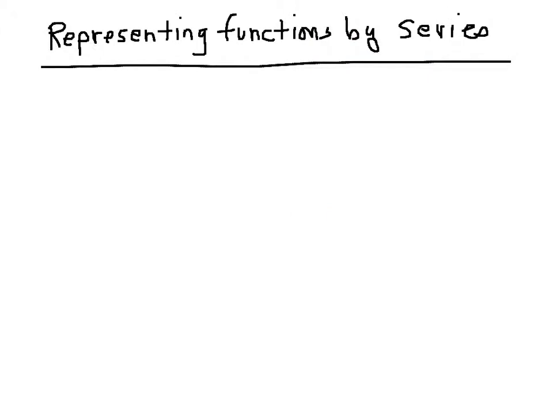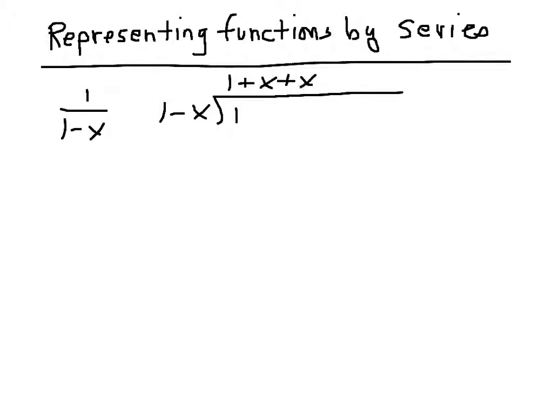Okay, so now let's get into the real work. Let's begin by thinking about 1 over 1 minus x. And if we actually do this division, what we'll notice, and you can do this out, is we get 1 plus x plus x squared, and so on. Never ends.